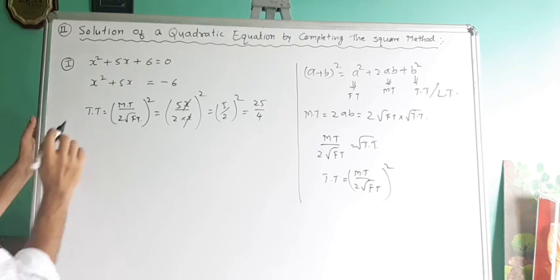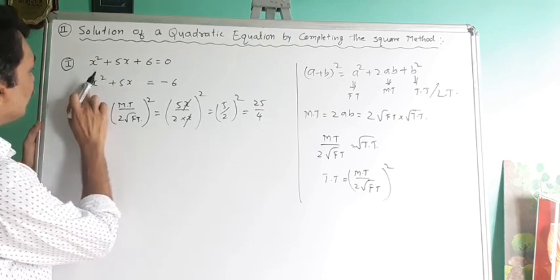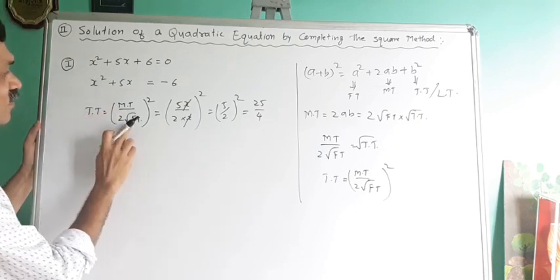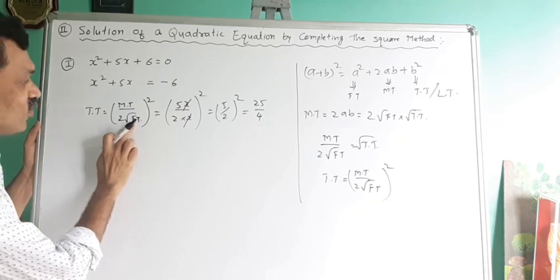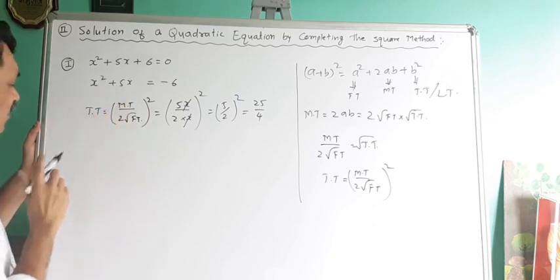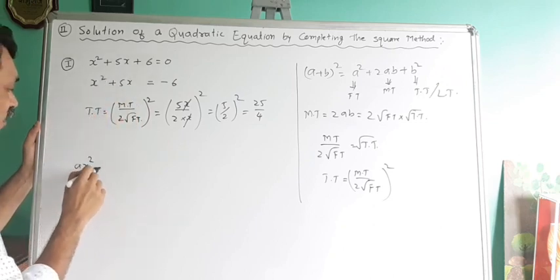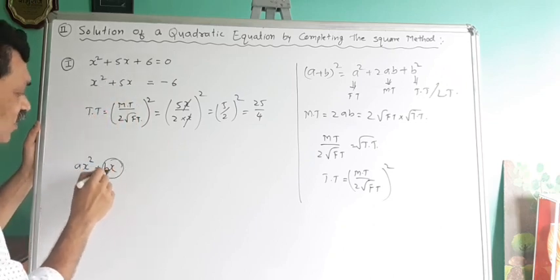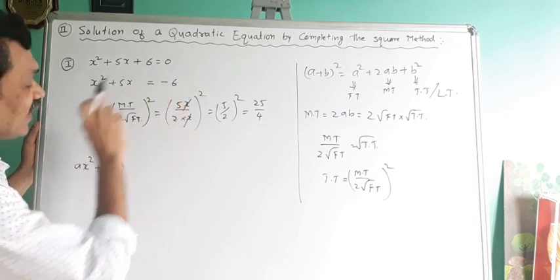You can check here. When the first term coefficient is 1, the square root of the first term will always be x, and in the middle term we always have x. It is our standard form, ax square plus bx. So x and x cancel.